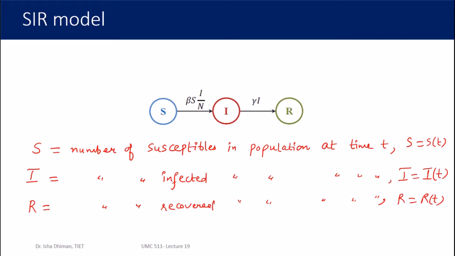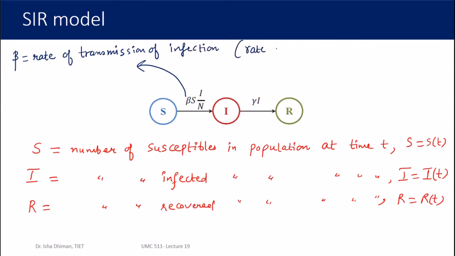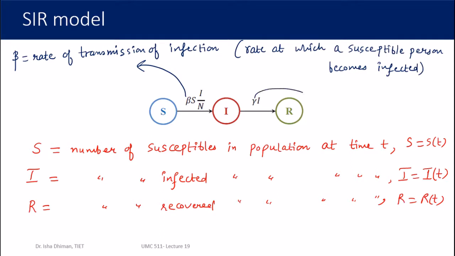So now we'll talk about these parameters beta and gamma. This beta is the rate of transmission of the infection, or you can say it is the rate at which a susceptible individual becomes infected, and gamma is the recovery rate.